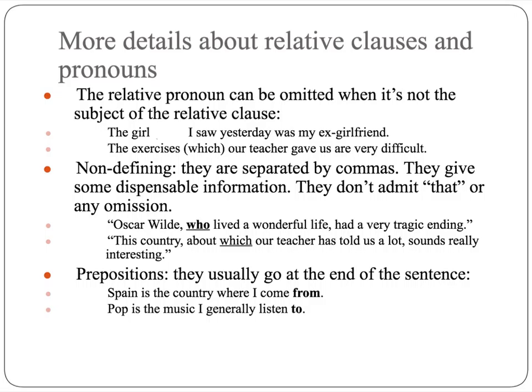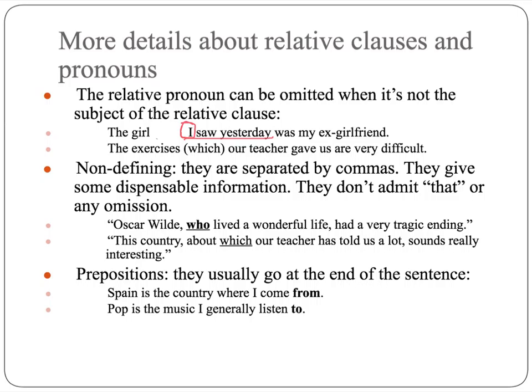So why are we doing this? Because here I is the subject of this sentence, okay? So when the subject is present, we don't need the relative pronoun, okay? Although if we say who it is totally correct, okay?